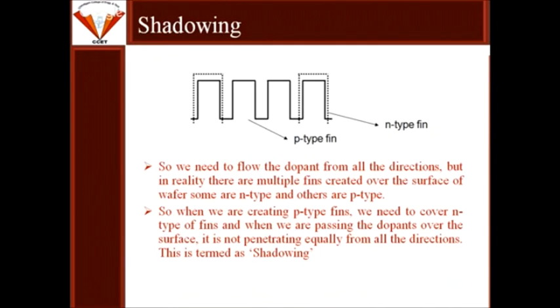It means the dopant cannot flow from all directions, and when we pass the dopant over the surface, it does not penetrate equally from all directions. This is termed the shadowing concept. So this is the basic process flow problem.